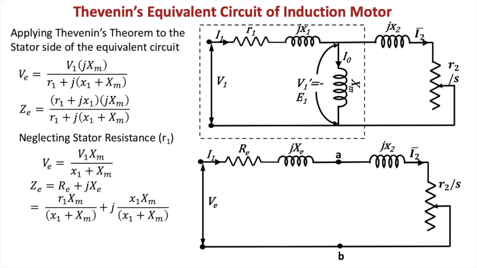Every time we have got a complex number, we multiply its conjugate and we try to separate the real part and the imaginary part. The real part represents the equivalent resistance and the imaginary part represents the equivalent reactance. So that is how we have segregated the RE and XE.